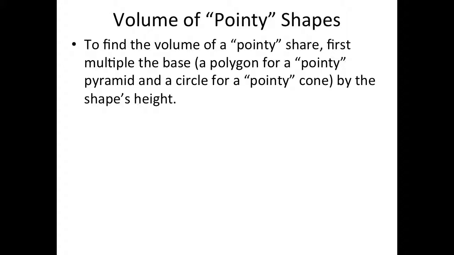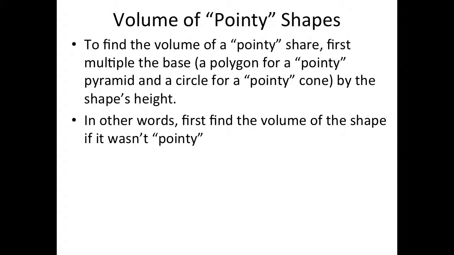So first, to find the volume of a pointy shape, you essentially go through the same process as if it were a cylinder or a prism. So what you do is first you multiply the base by the shape's height. So again, first you pretend like it's a shape that isn't pointy.